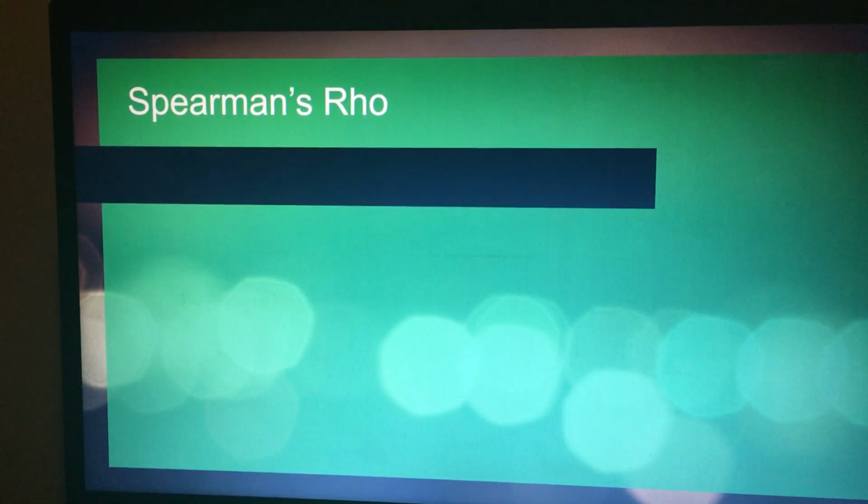Or you can rank from largest value to smallest value, where the largest rank is equal to 1. There is a subscript note here that says you may also hear the term monotonic relationship.